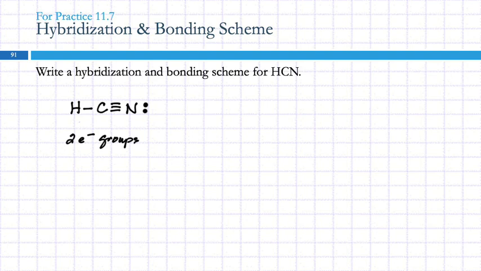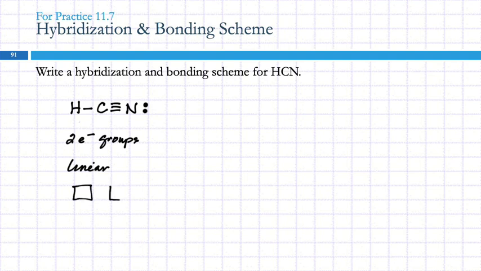And what electron geometry does that make? You've got like 2 balloons and you tie them together. What shape do they make? Linear. Makes a line. That's going to be linear. And for 2 groups, I need to hybridize 2 orbitals.